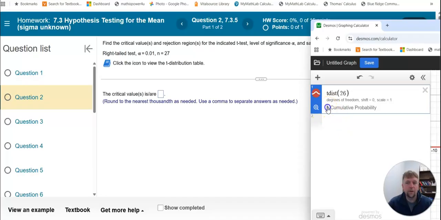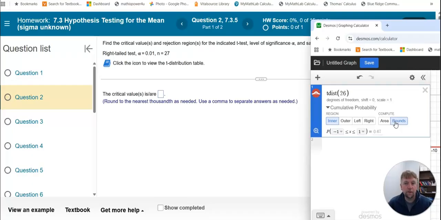We do need to use bounds for this because these are values on the number line rather than areas. We have to make sure that we select the right region based on the information given. This is a right tail test, so I'm going to use right, and alpha is the area in that right tail. So that's this number right here.